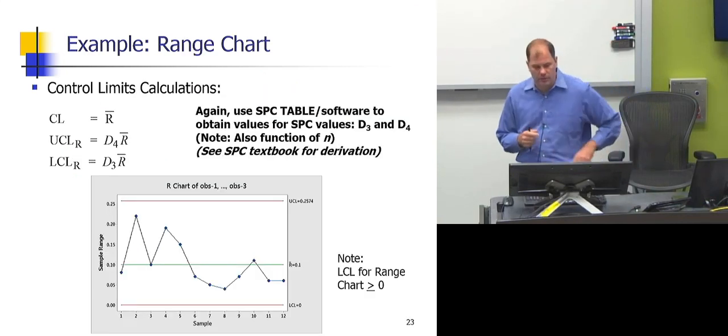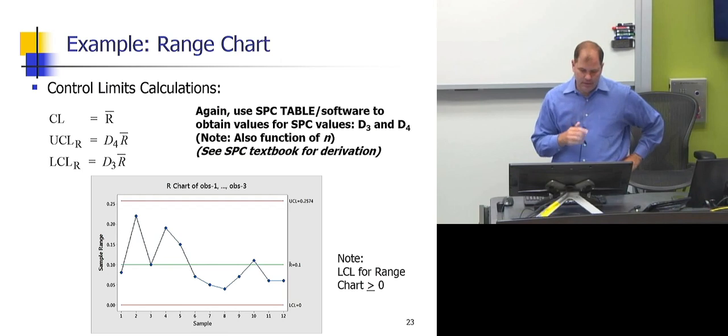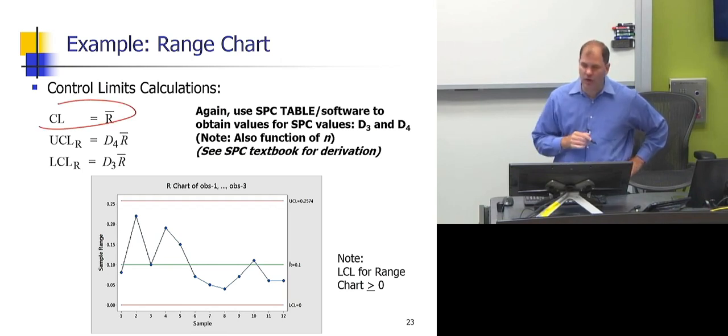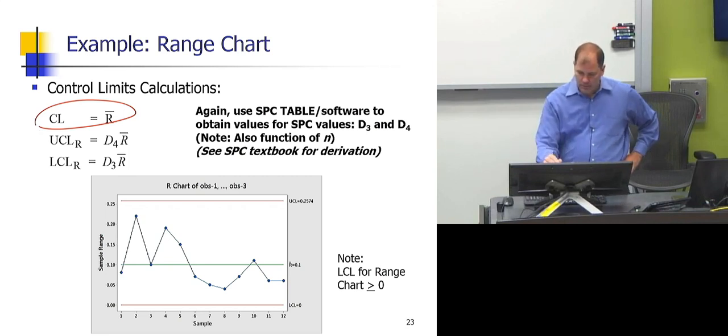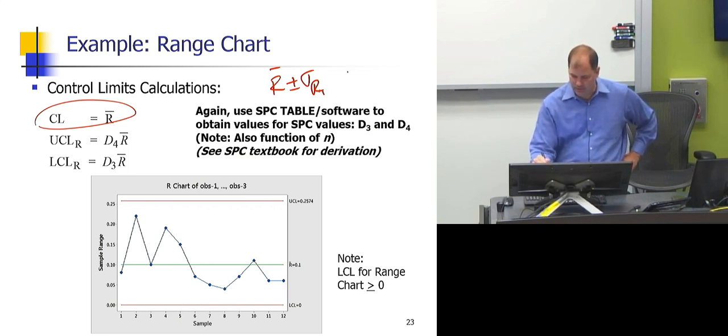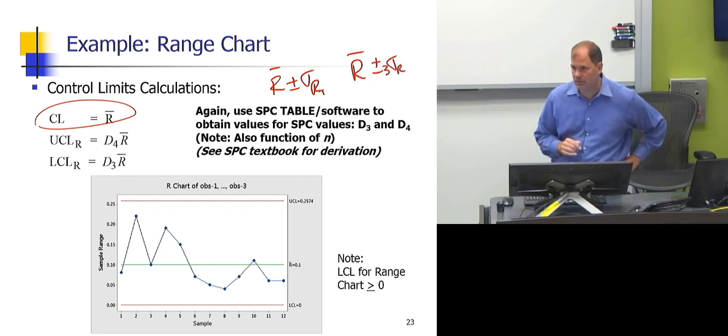A range chart. The center line of the range chart is R bar. Control limits are going to be plus or minus 3 sigma r's. Should be careful there. So R bar plus or minus 3 sigma r's.